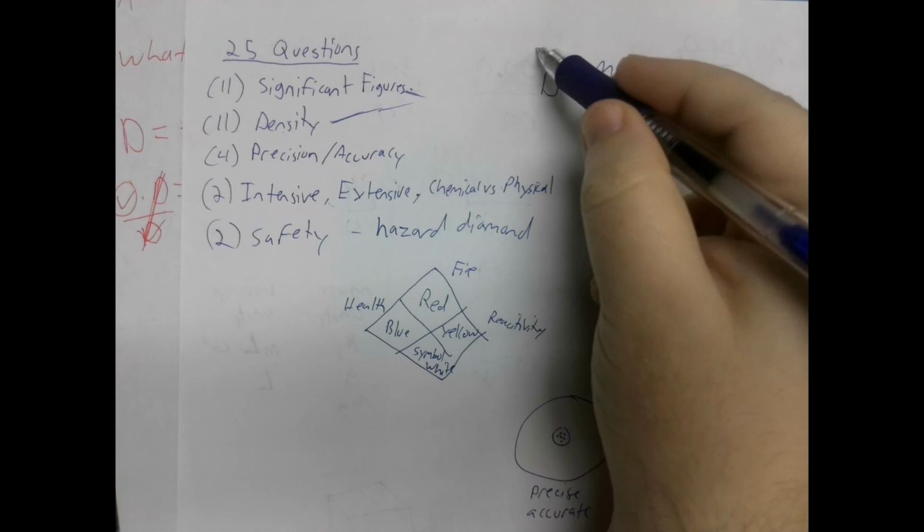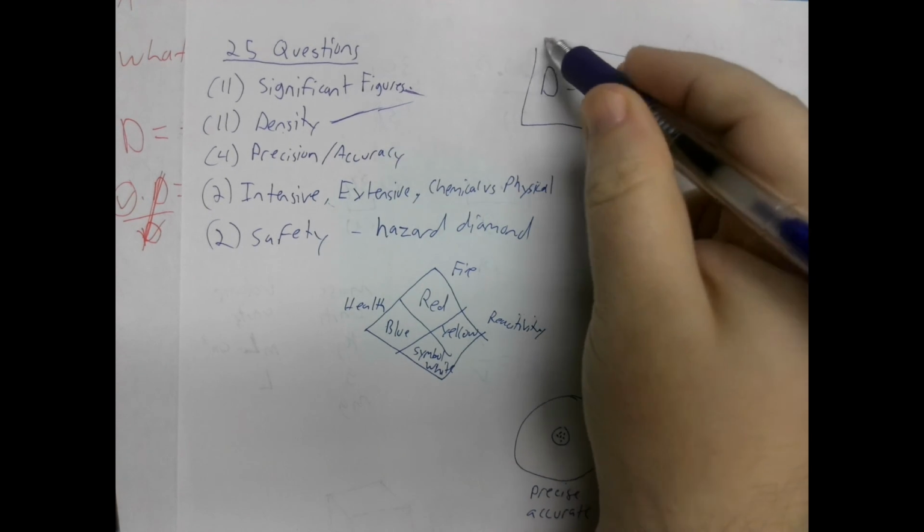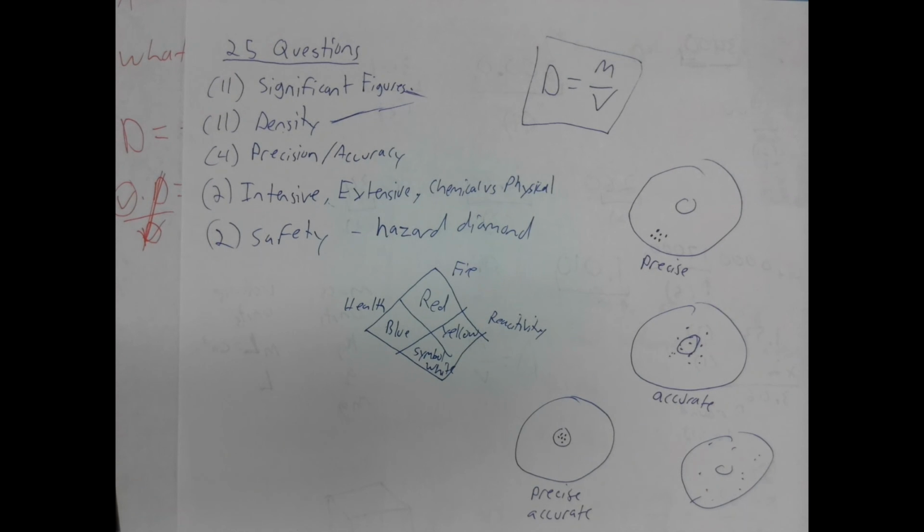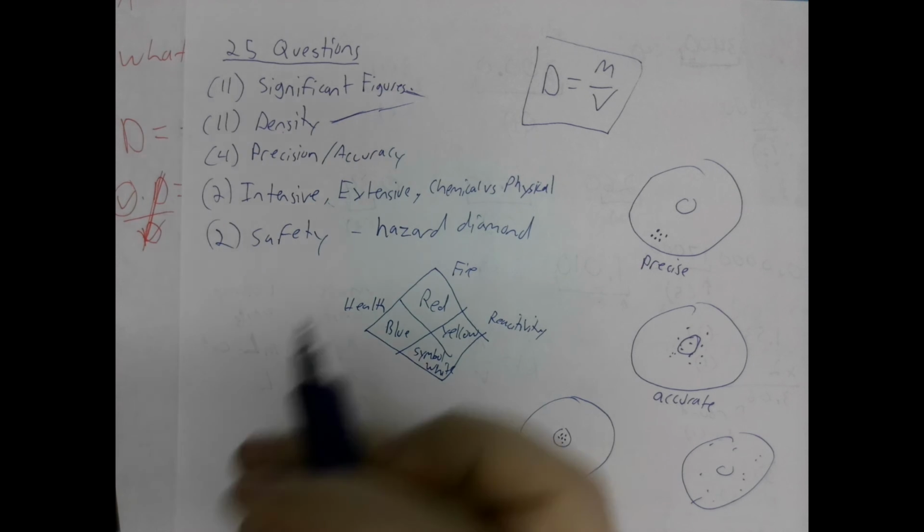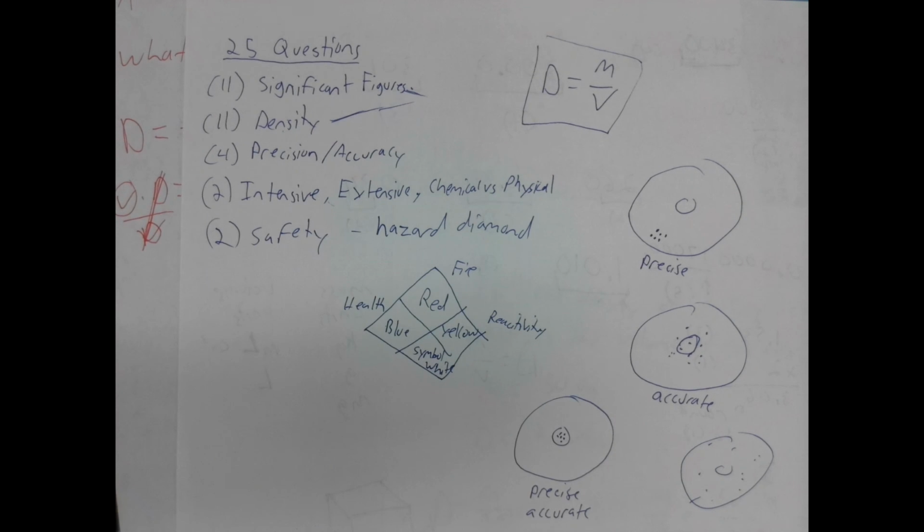You also need to memorize this equation. And there's just a few questions of other stuff. Again, some of the safety questions are very common sense. Well, that's all the test is going to be over.